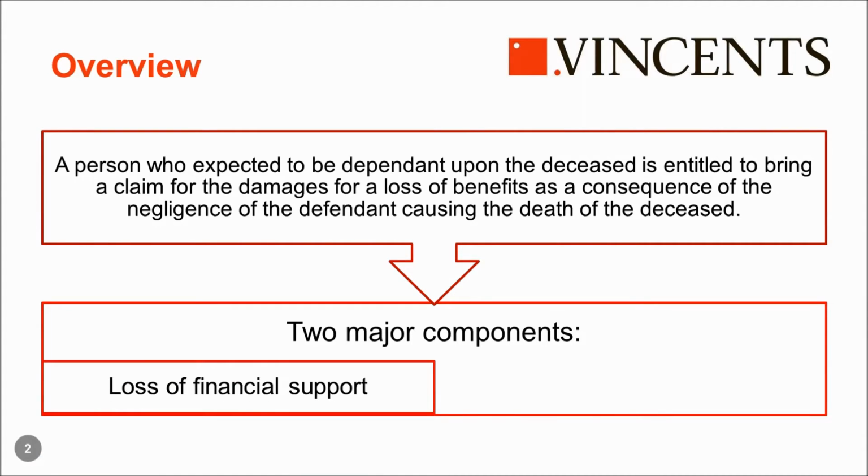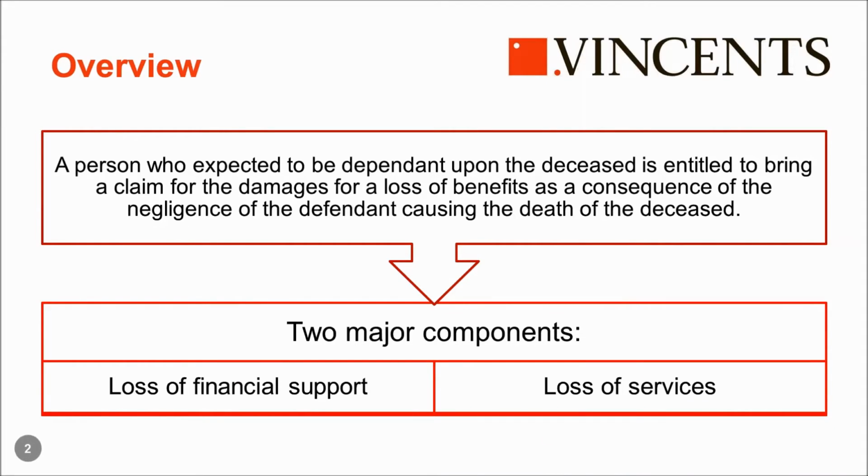The first is a loss of financial support or financial dependency, and the second is a loss of services, be they parental or domestic services that would have been provided by the deceased to the dependents. Now, that head of loss has some quite interesting characteristics and ways of valuing those services, but today we're really just going to focus on the loss of financial support.